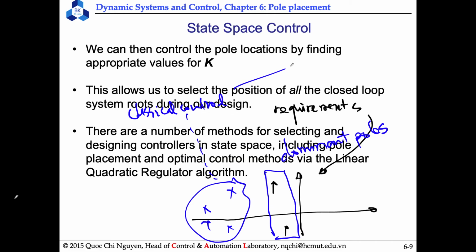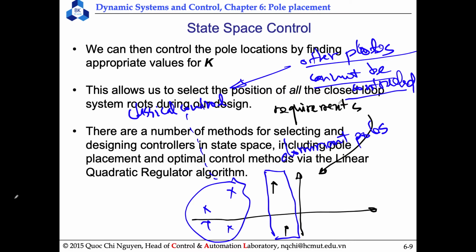In classical control, the other poles cannot be controlled, right? That is the weakness of classical control. So we developed the new algorithm, which is feedback control.